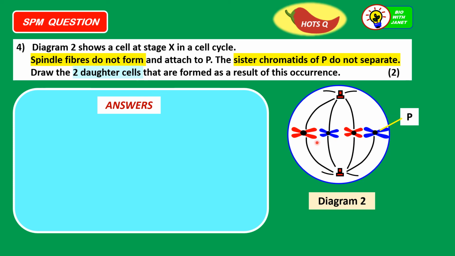So first of all, you have to determine what type of cell division this is and also what is the phase that the cell is undergoing. Okay, now first of all, find out whether it's a diploid or haploid cell. So you can see here there are 2 copies of the long chromosome, 2 copies of the short chromosome, right? So this is a diploid cell. Or you can say that there are 2 sets of chromosomes. One is the blue set and the other one is the red set of chromosomes, right?